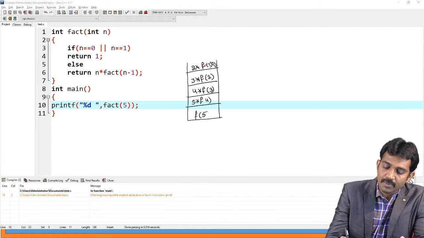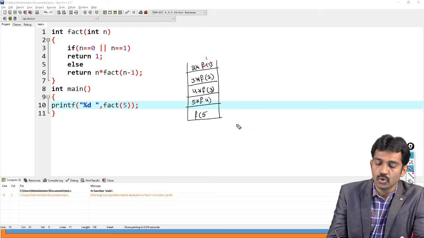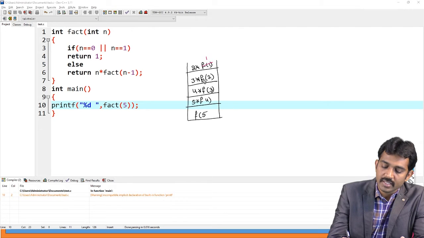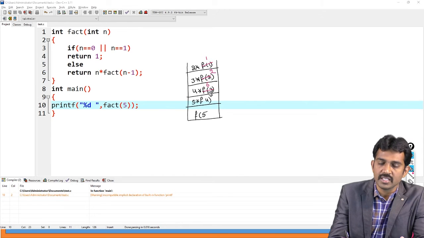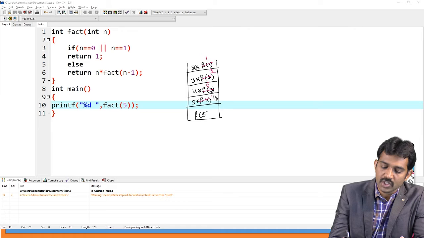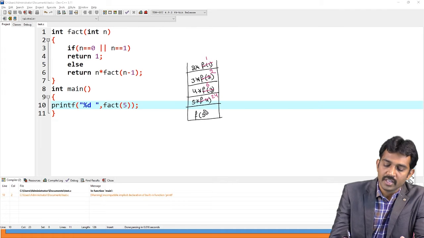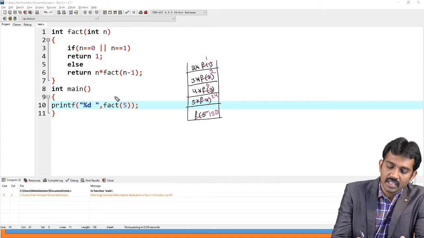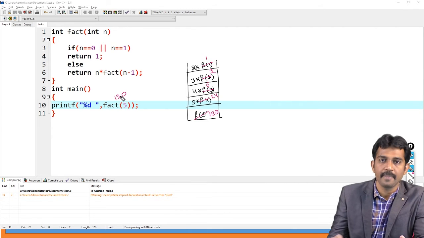So this is replaced with 1. So 2 into 1 is 2, this is replaced with 2. 3 into 2 is 6, replaced with 6. 4 into 6 is 24, replaced with 24. 24 into 5 is 120. Finally, the value is 120.